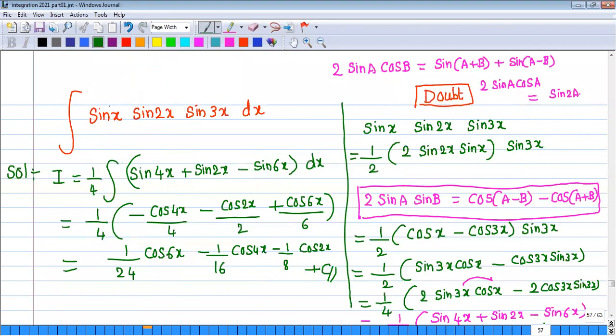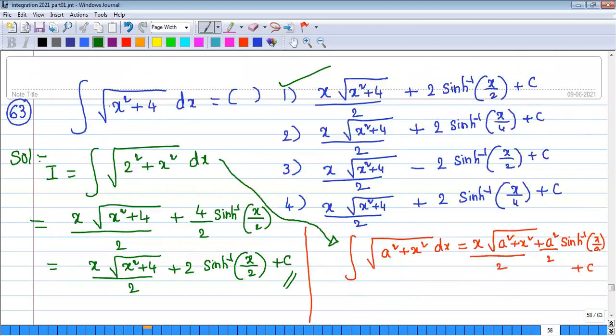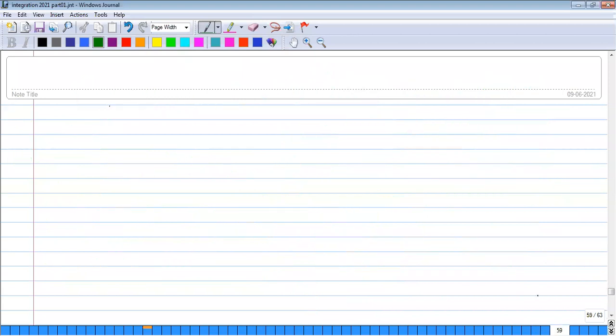Our question number is 62, completed. 64. Okay. Integral root of x square minus 25 dx.